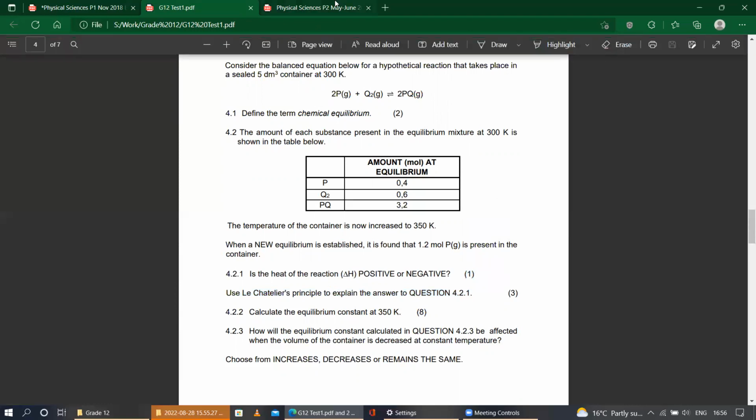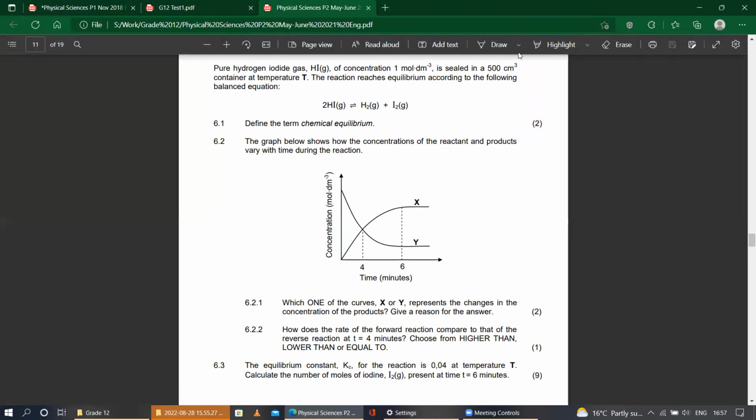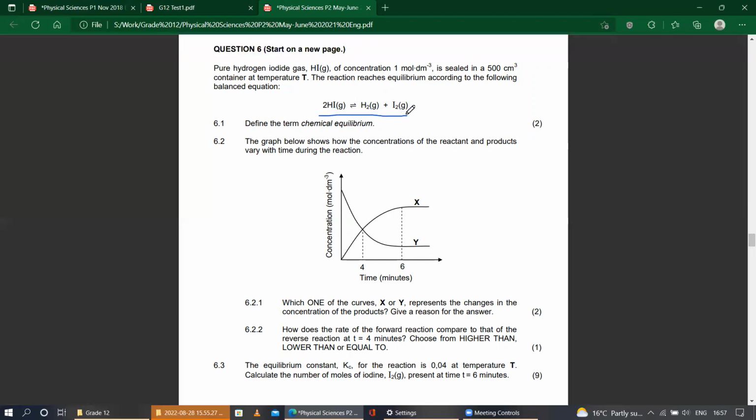So basically, Le Chatelier's principle describes the change in the reaction, and what happens in terms of the products and the reactants. So let's say we have our chemical equation here. These are our reactants, and these are our products.